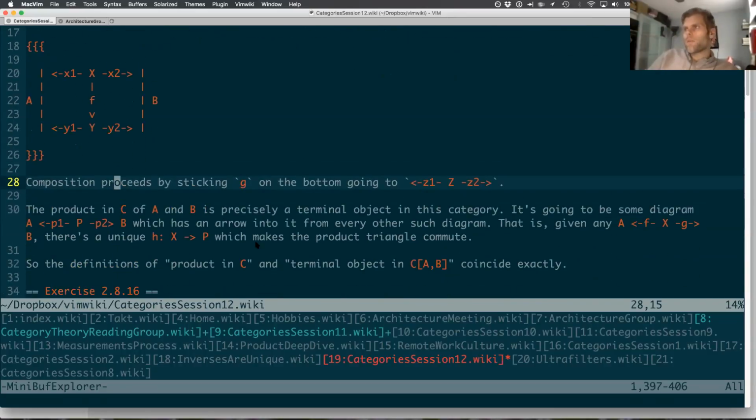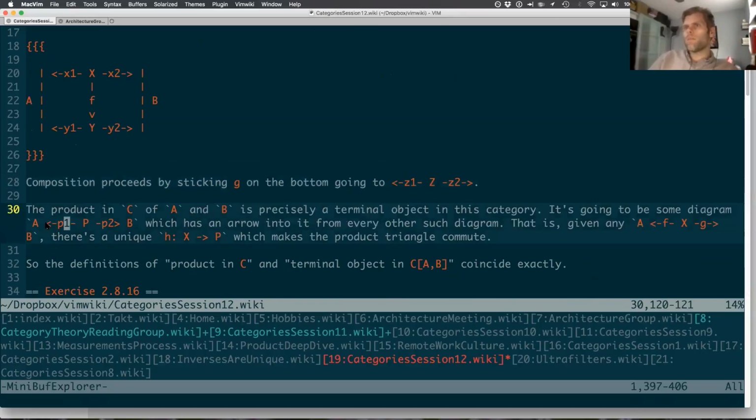So then if we think about that as a whole category, and then we think about what is a terminal object in that category, well, it's going to be some triple like this, which has an arrow into it for every other such diagram.